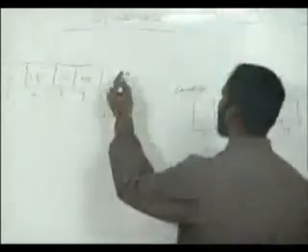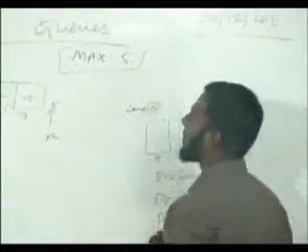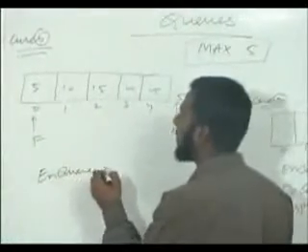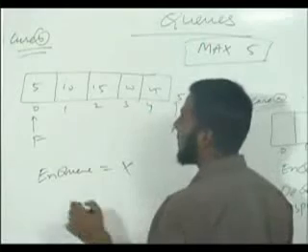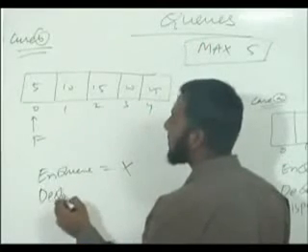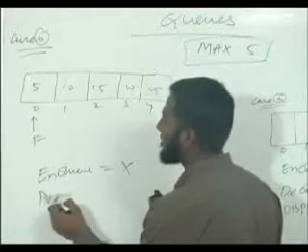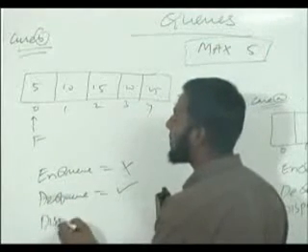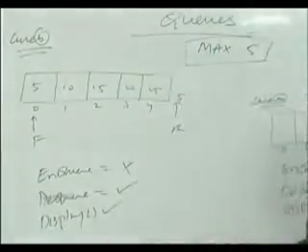So it means it has reached the maximum size, which is 5. Now, is NQ allowed? NQ, adding an element, is not allowed. Is DQ allowed? Yes, DQ is allowed. Is display allowed? Yes, display is also allowed, because I have elements and I can display them.